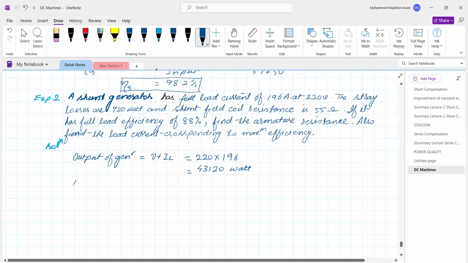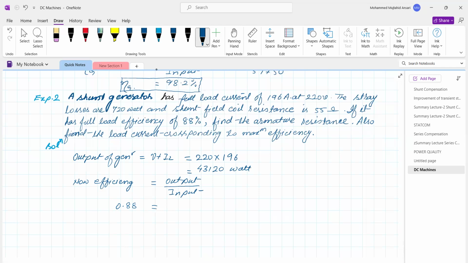Now, efficiency is equal to output divided by input, where the efficiency is given as 88%, which means 0.88. If you multiply by 100, then we can write it as 88%. So it is 0.88.